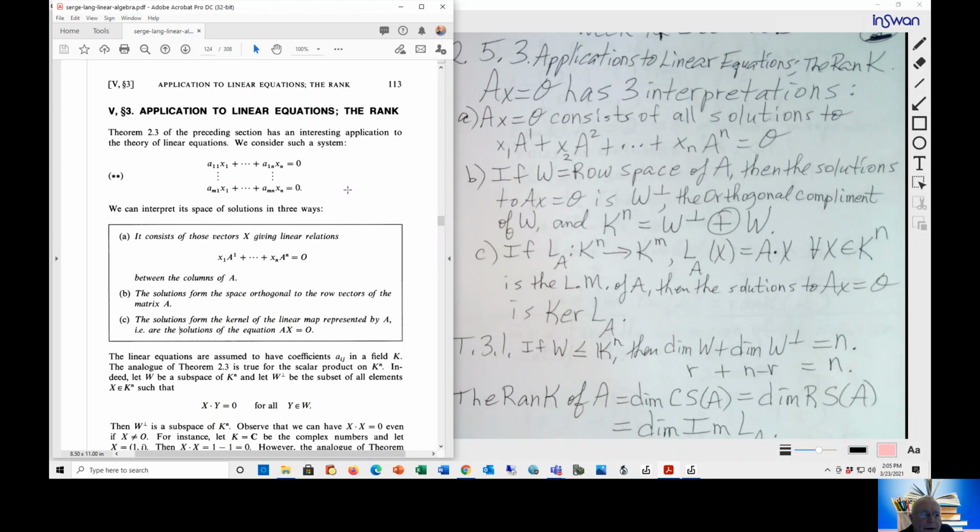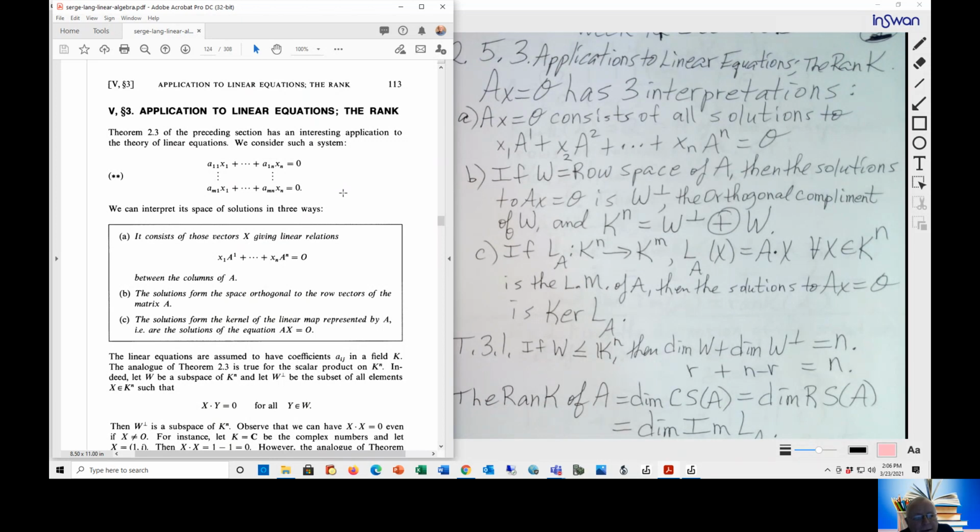So when you have a system of m equations in n unknown variables x1 through xn, the solution space, which again is a subspace of Kn, can be interpreted in one of three ways.